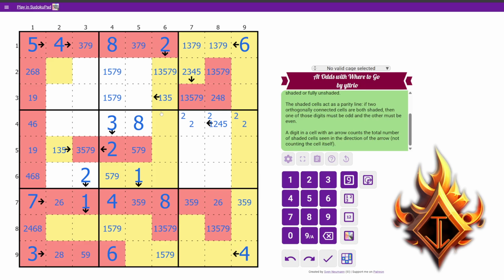And now, this is at least 3. It's already seeing 3. Can it still be 5? If these are both yellow, then red is trapped. So that must be 5.